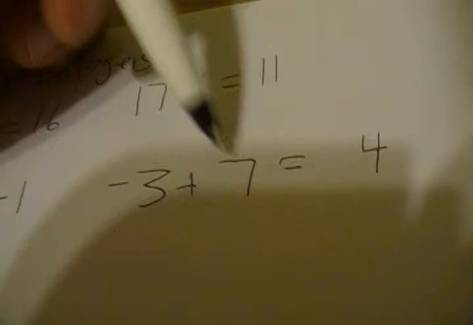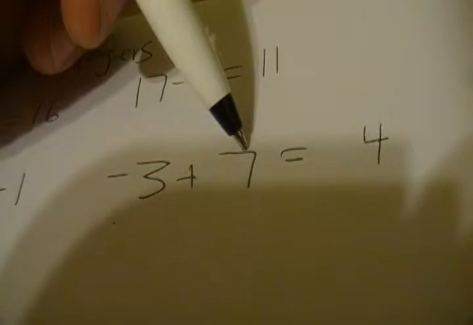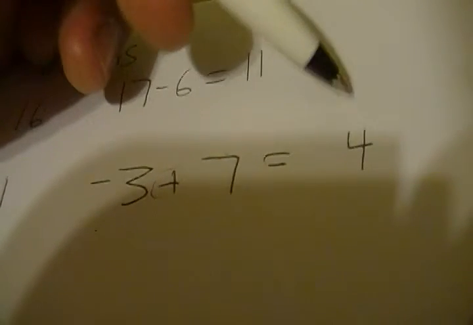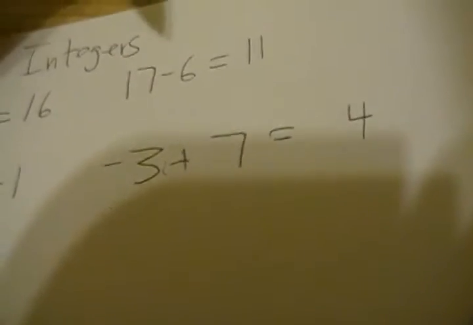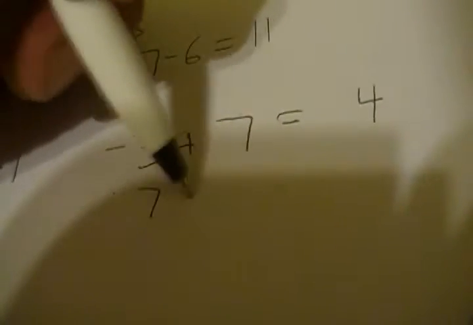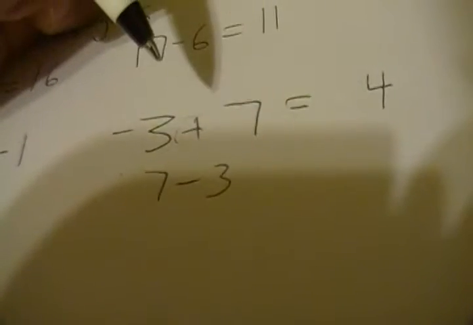Now the question is, is it going to be positive or negative? Again, look at the bigger number. 7 is bigger than 3, and look at the sign that's in front of it. It's a positive, so it's just going to be +4, so we just leave it like that. Or another way of looking at -3 plus 7 is 7 minus 3, which is just 4, right?